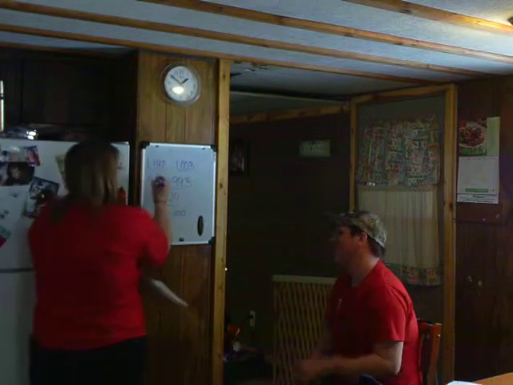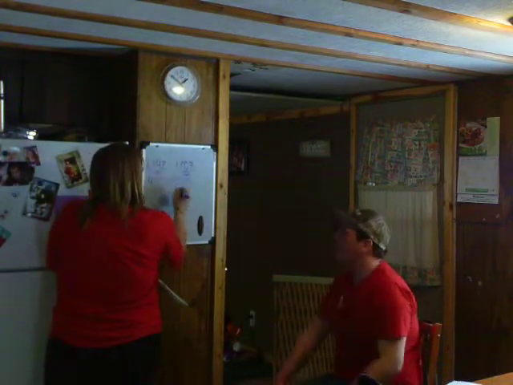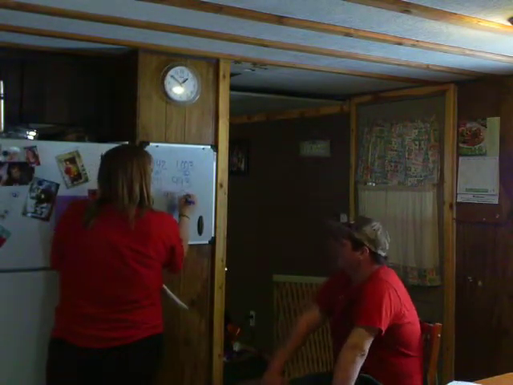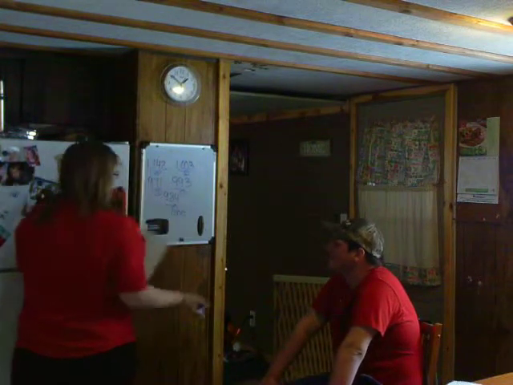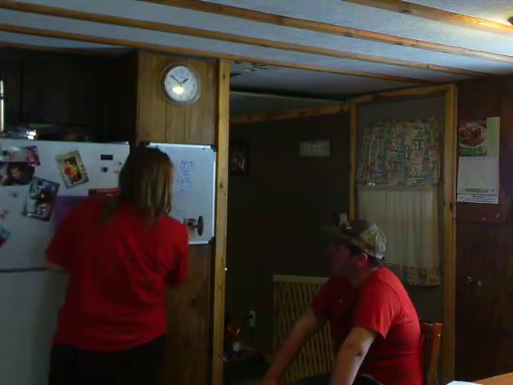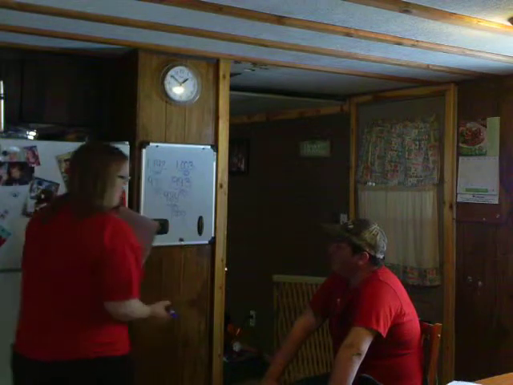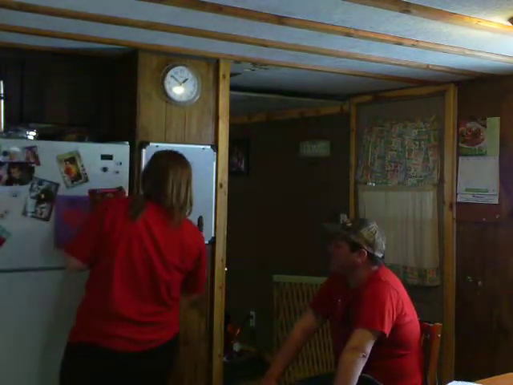And how many numbers are there? 5. Alright, so what is 1,000 times 5? 5,000.